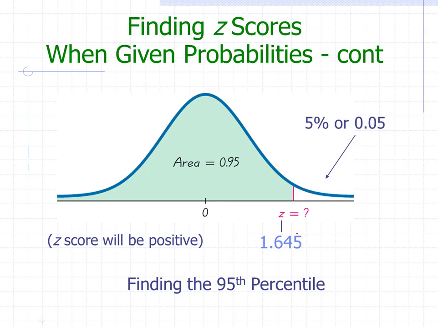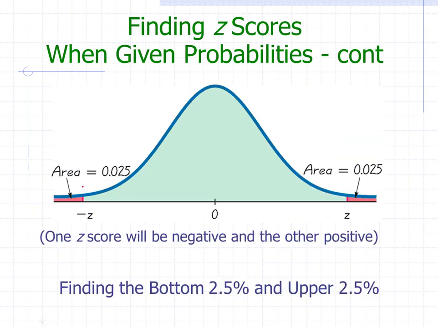So we found it on the table. Our z-score was 1.645. We want to find the bottom 2.5% and the top 2.5%. So one score will be negative and the other will be positive. Since our area to the left is down here, I'm going to focus on the negative z-score.